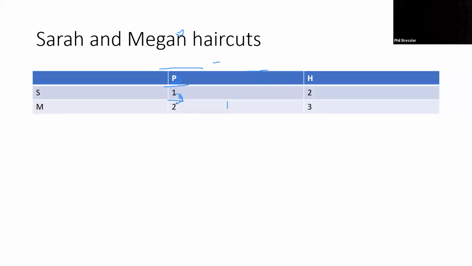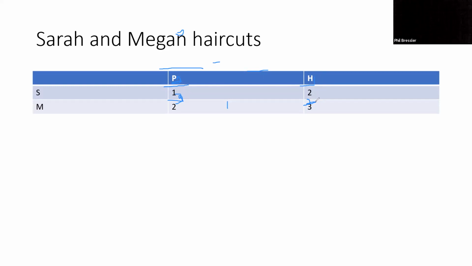Again, we know you can only have the comparative advantage for one, but let's just do it for practice. Sarah, if we're doing haircuts, the other is perms. That's 1/2. And then for Megan, 2/3. So we know a half is smaller than 2/3.